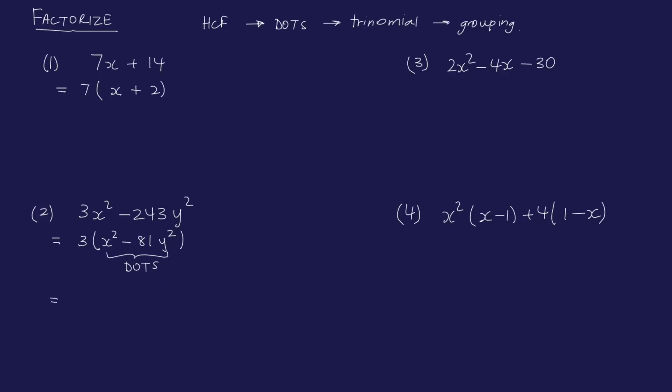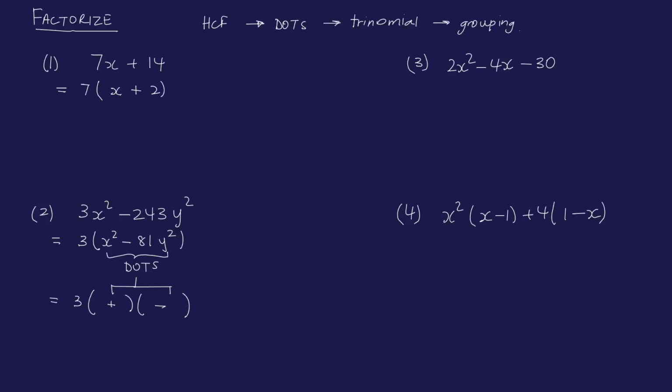So what I do next is I factorize the DOTS. The DOTS will give me 2 brackets. One bracket will have a plus, one will have a minus, and then I square root each term within that bracket. So I look at x squared and I will square root x squared.